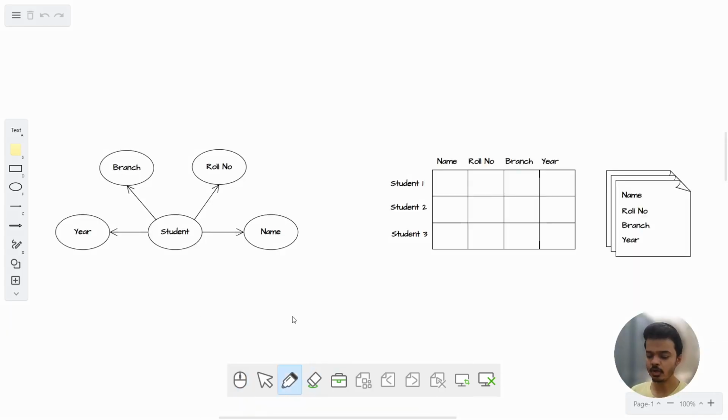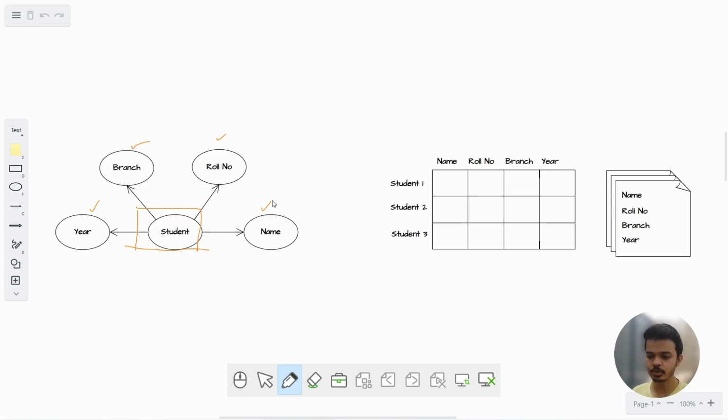So consider the case of an engineering college that wants to store data about their students. What data will they store about students? They will store name, roll number, branch, and year. Assuming that student is an entity and it has these attributes, will these attributes change for every student?